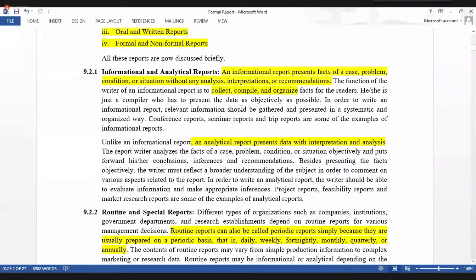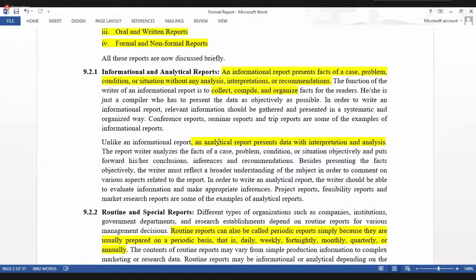In order to write an informational report, relevant information should be gathered. I mean, related to whatever title you have selected to write the information report. So related information, relevant information should be gathered.